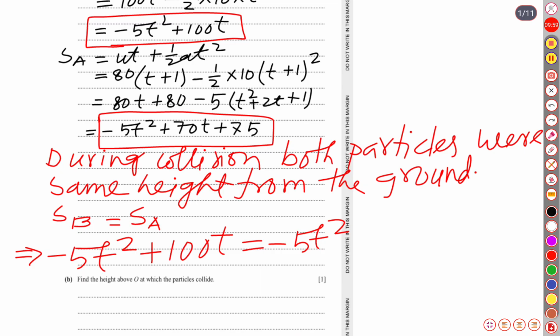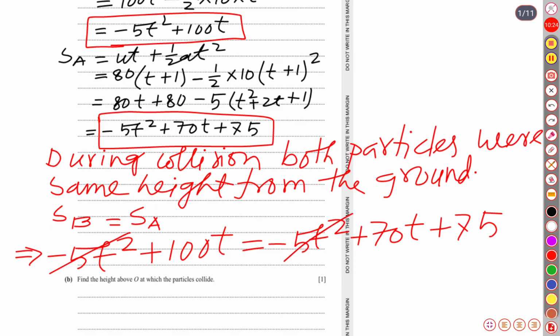Can we continue writing these on the next page? Okay, let's continue. Minus 5t squared plus 70t plus 75. Then from each of the sides we can dissolve this 5t squared.